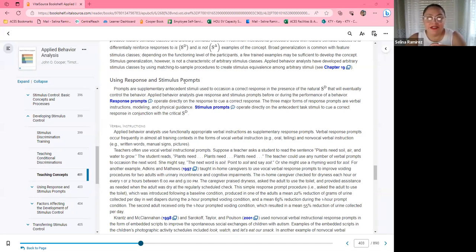Okay, so definition of response prompt: operate directly on the response to cue a correct response. The three major forms of response prompts are verbal instruction, modeling, and physical guidance. Stimulus prompts operate directly on the antecedent task stimuli to cue a correct response in conjunction with the critical SD.